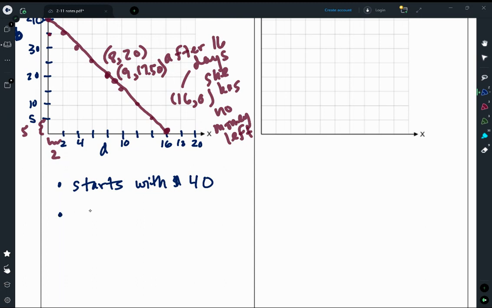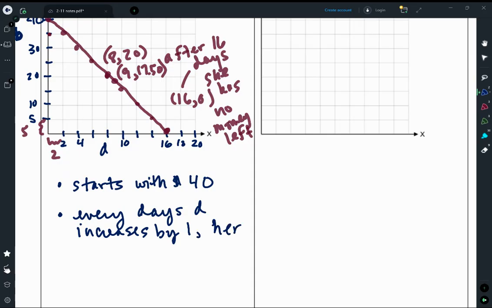And then if we think about what our slope means, every time D, or the days, increases by 1, her balance, B, drops by $2.50. So that's really what that slope means.